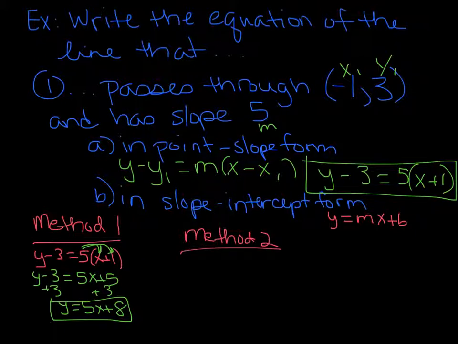So for our second method, we are going to avoid using point-slope form altogether and just start right away with slope-intercept form. We don't know our intercept, but we know our slope. And we also know a point that's on our line. So I'm going to start by substituting in that slope that I know, which is 5. Put that in for m. Then I can find my b, my y-intercept, by substituting in the point.